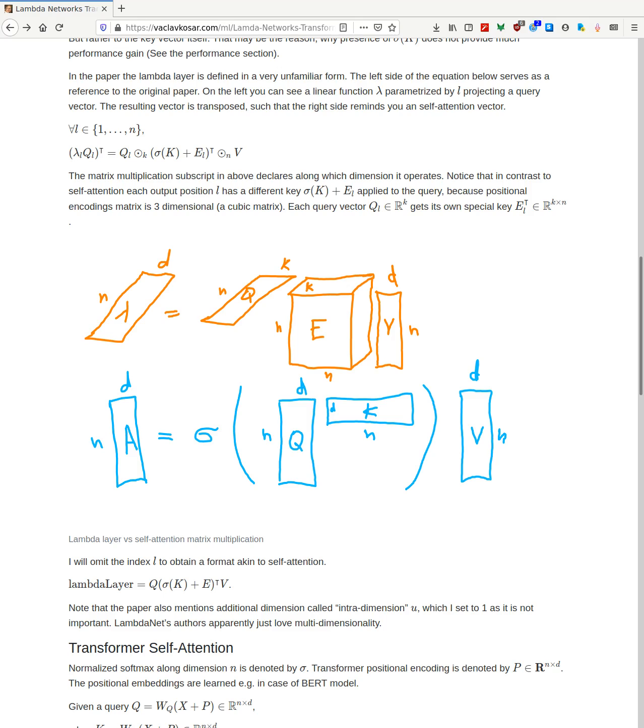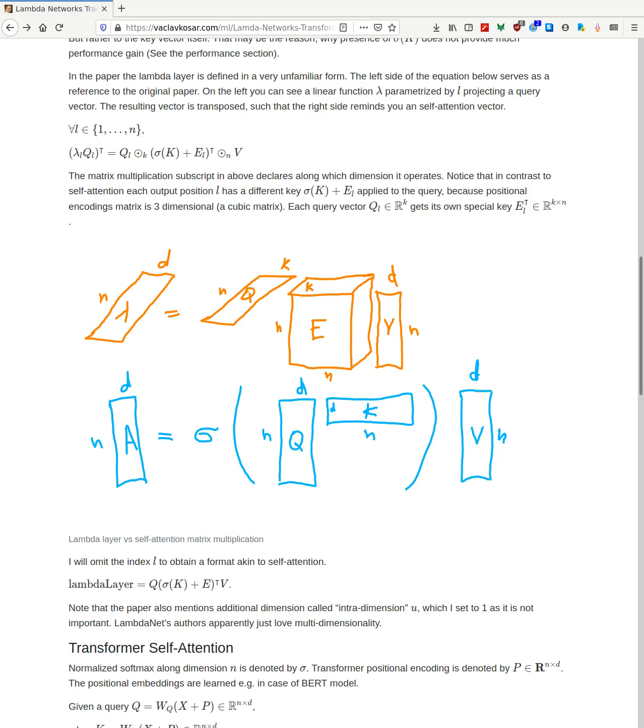And so if we rewrite the equations they have there, we will have this query vector which only has a k dimension, and we do multiplication in the k dimension with this matrix. So here we have a softmax on the key matrix plus embeddings, and only in the one specific slice for the specific output index, right?